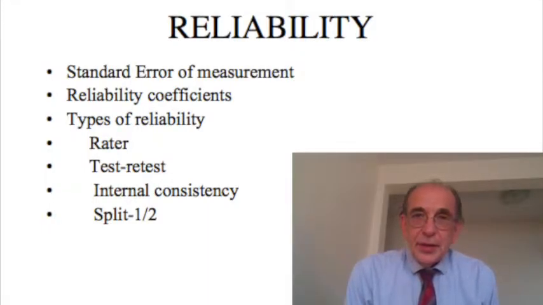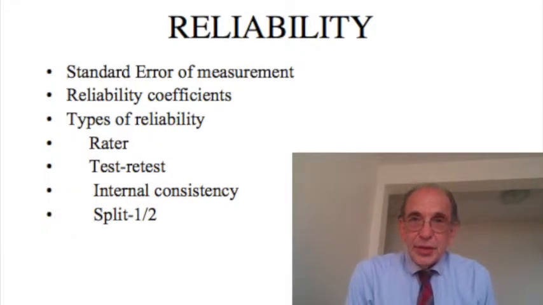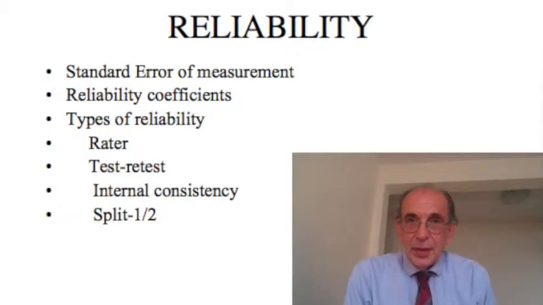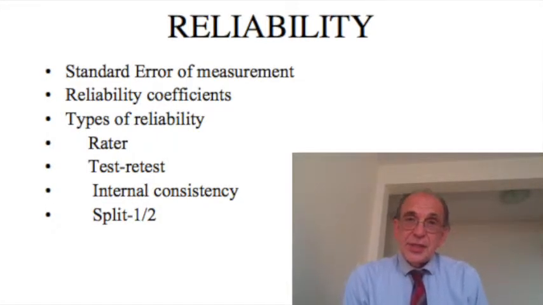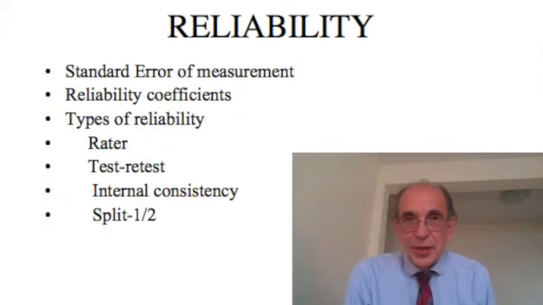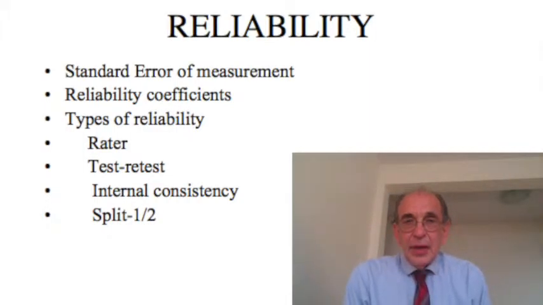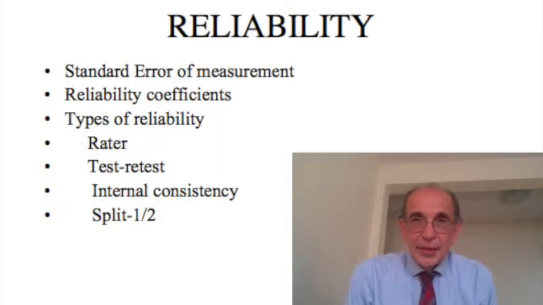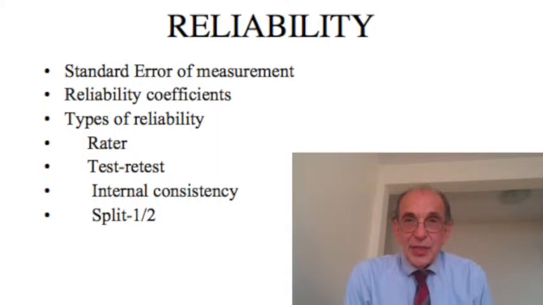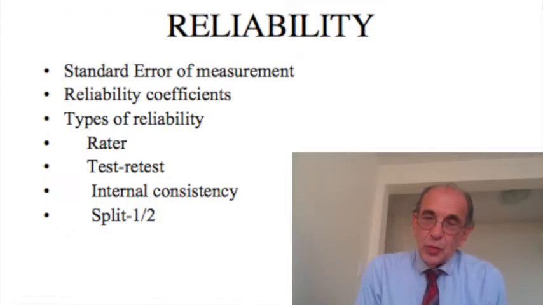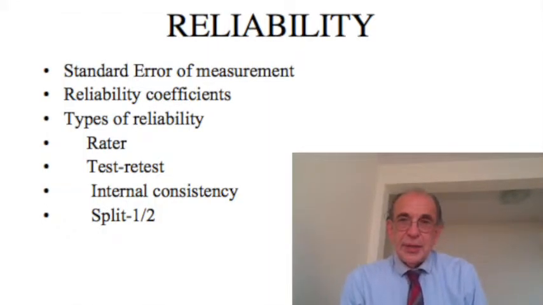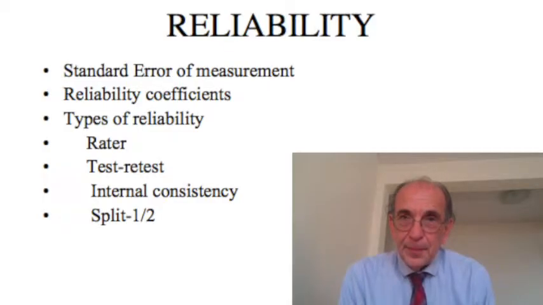Now, in this particular lecture, this component of the validity-reliability set, I'm going to be focusing on reliability, and that is consistency. One type of consistency is referred to as test-retest consistency, and that is consistency in scoring of a group of individuals who take the test more than one time.